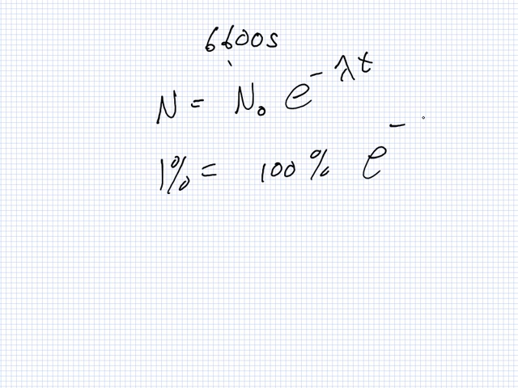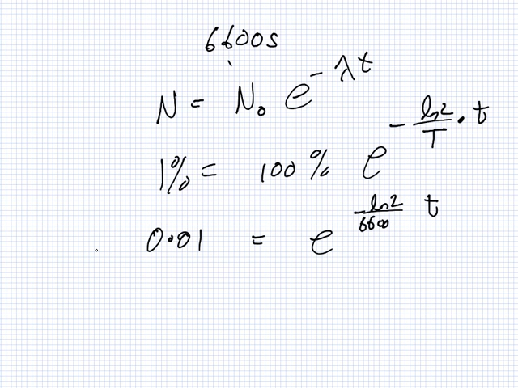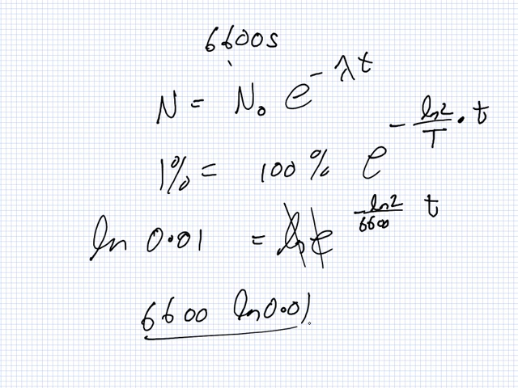And the lambda is log 2 over the half-life, and the t is what we want here. So if I divide, I get 0.01 equals e to the minus log 2 over the half-life times t. So I log both of these, cancel that. So I get 6600 log 0.01 over log 2, that should equal the t.